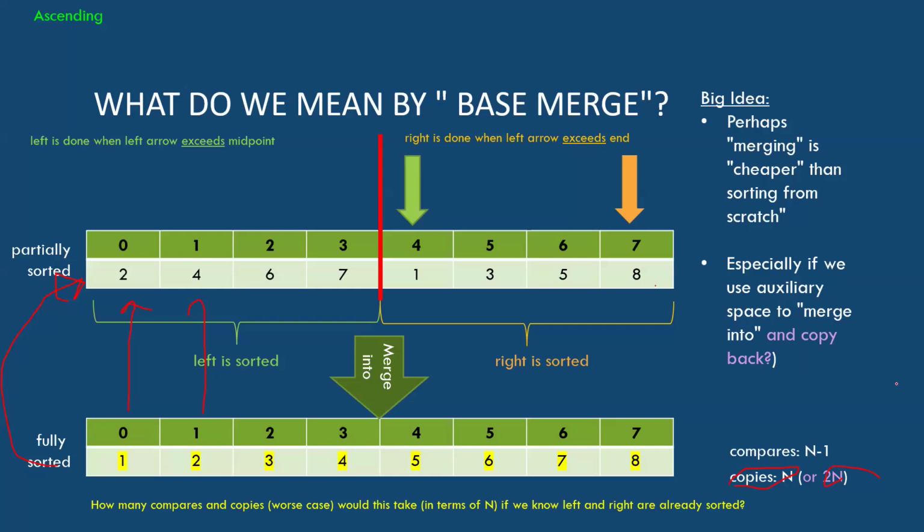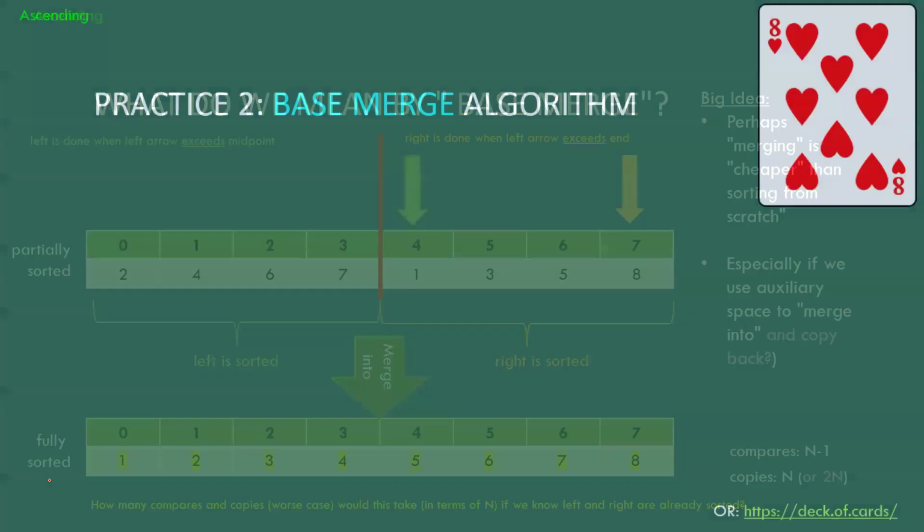So it's still linear. The base merge, or merge base, is a linear process, assuming we have pre-sorted the left and right sides at any size. The left and right sides aren't always exactly equal; one might be one bigger than the other because of integer division. We'll see that in a second. But that's our fundamental, that's where the meat happens.